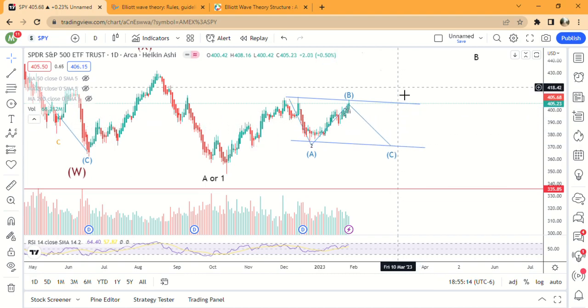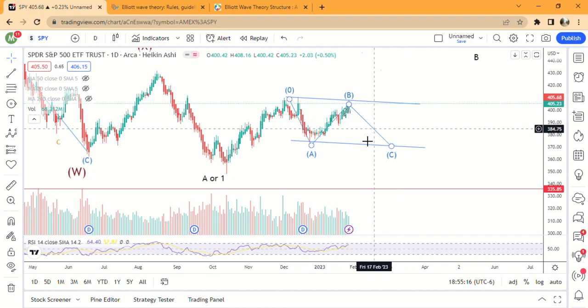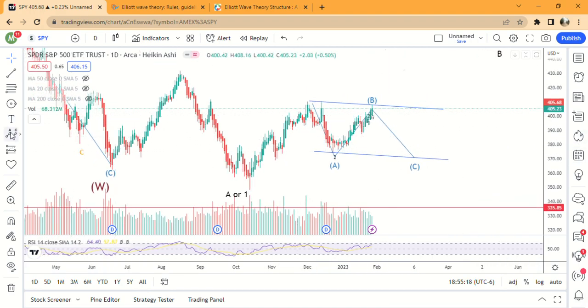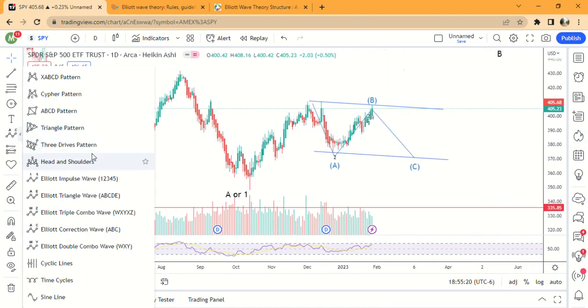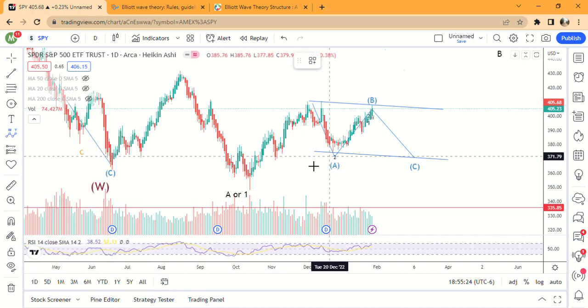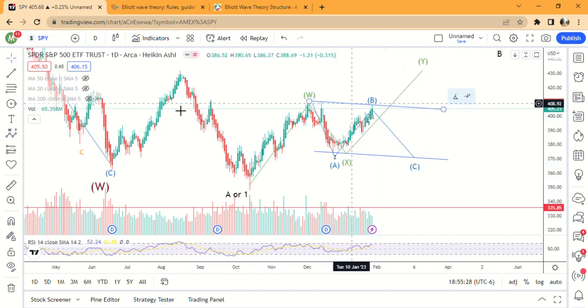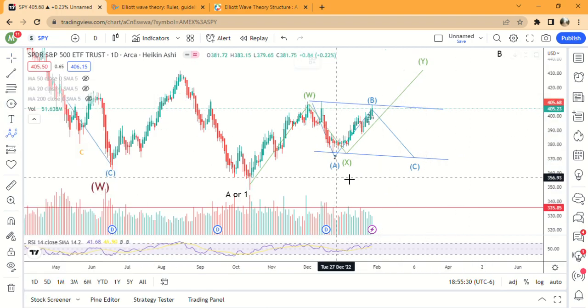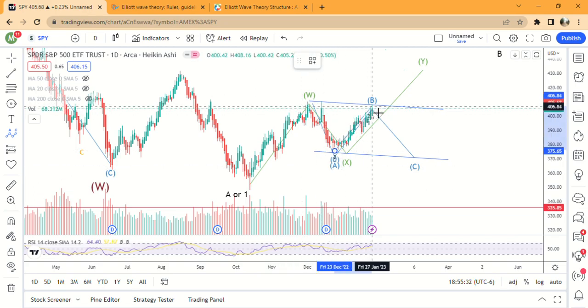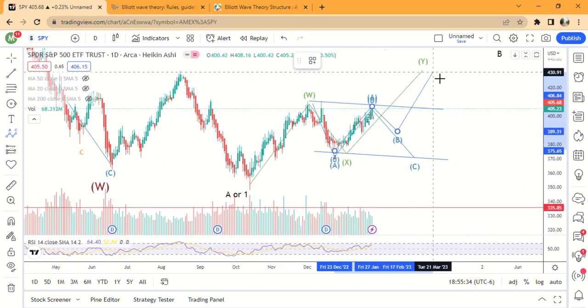Or this can be WXY, and then this move would be A, pullback B, C wave higher.